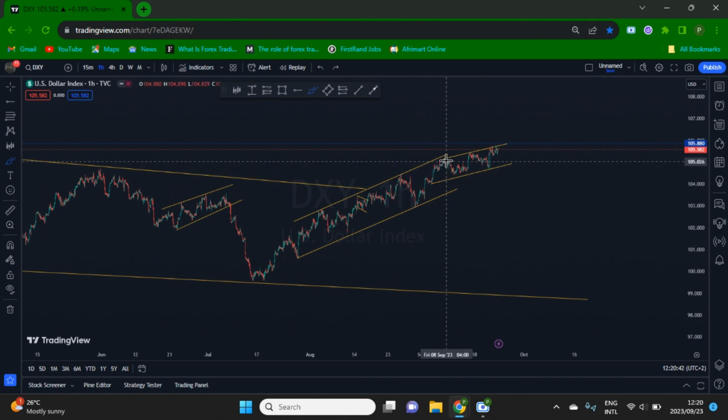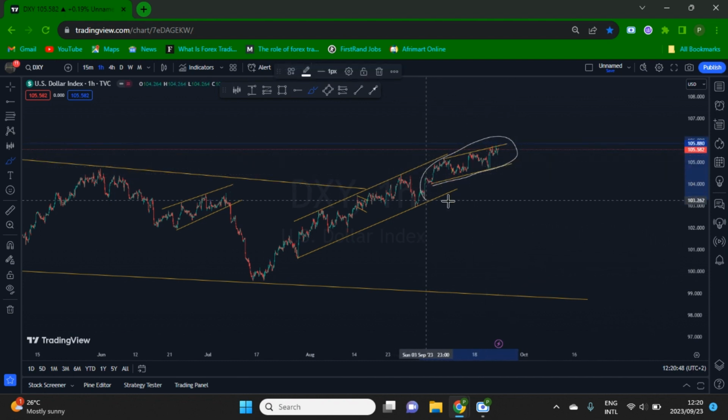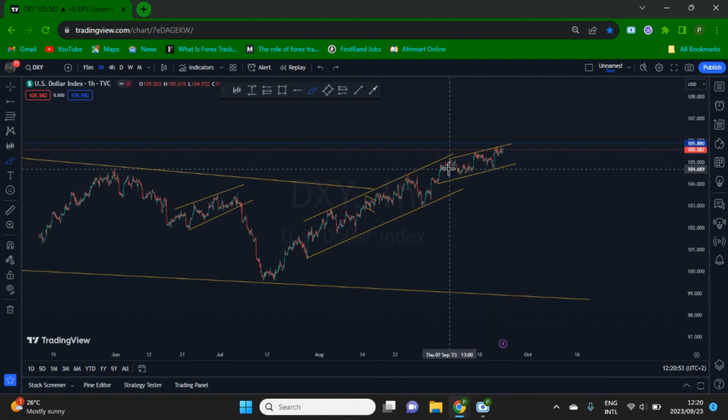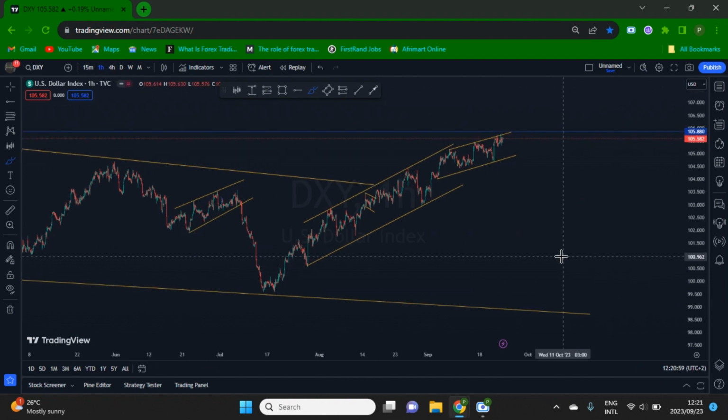Fine. Now I was focusing on this bigger ascending channel, but then price action developed into this ascending channel. Now look, this smaller ascending channel is in alignment with what I have here. What can I do? Oh, sorry.